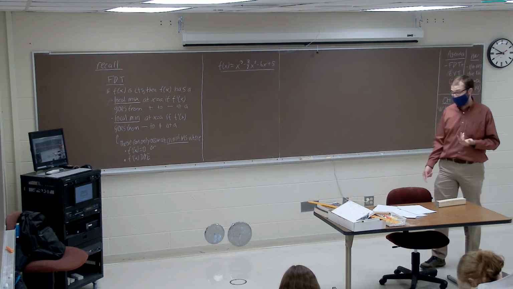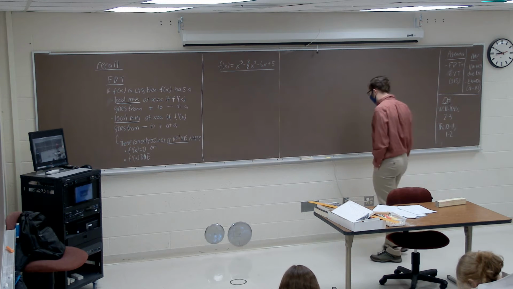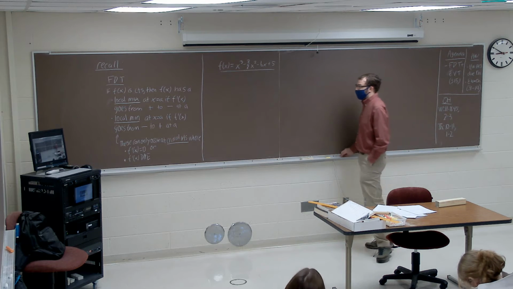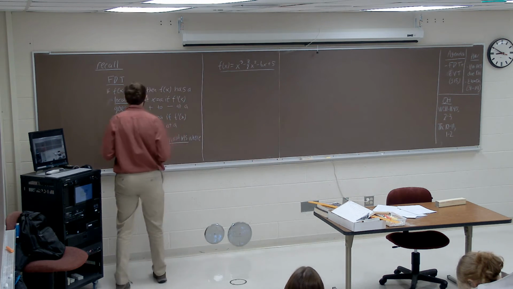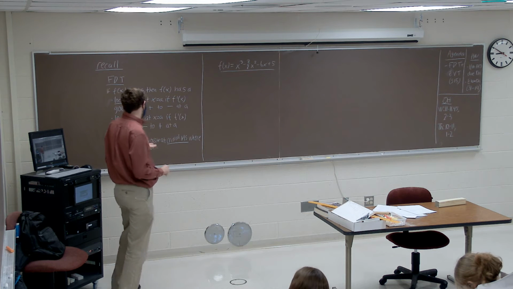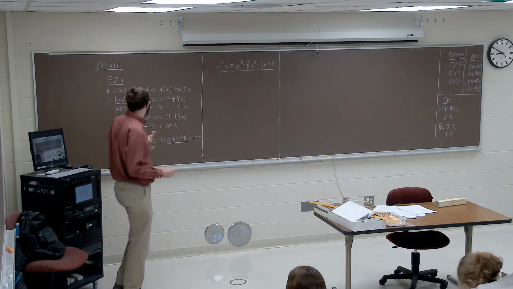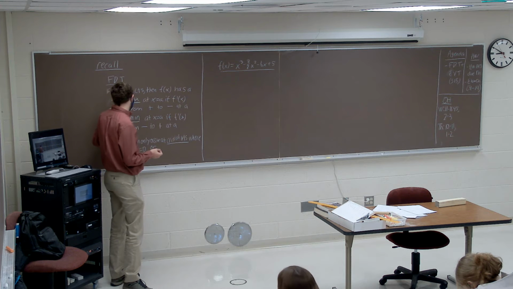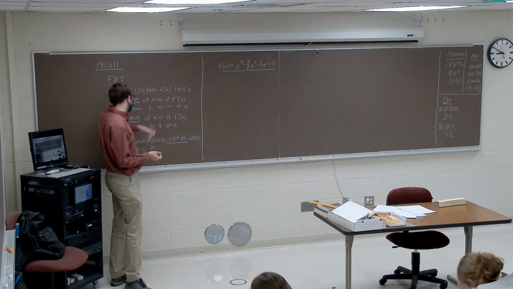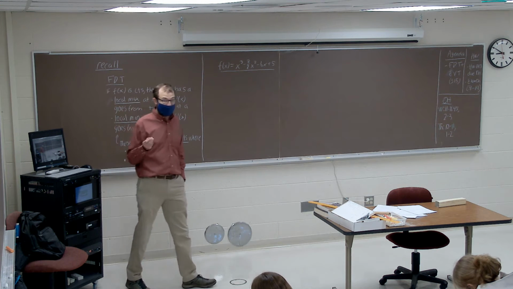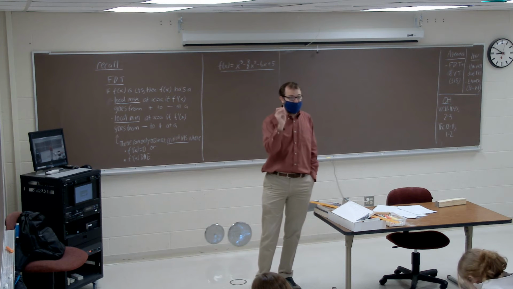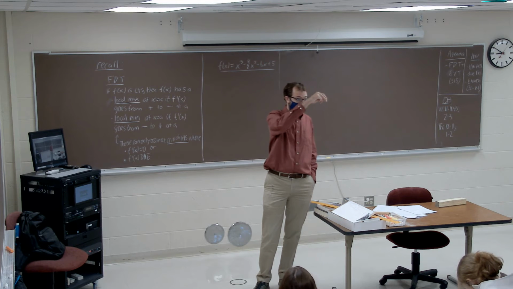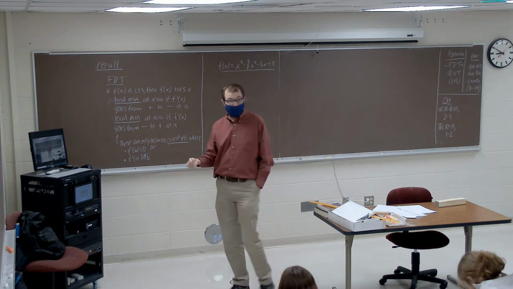The theorem we had was the first derivative test, which says that if you have a continuous function f of x and you want to look for local maxes and local mins, then your function is going to have a local max at a value a if f prime goes from positive to negative at a. Meaning if your slopes are going upwards to the left of a and then downwards to the right of a, you have to have a local max at that point.